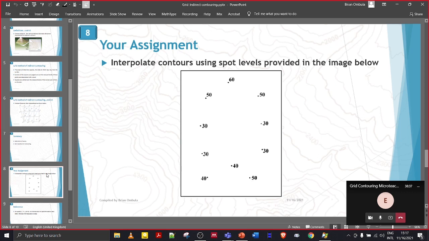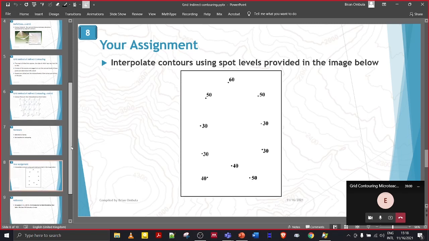You can join 30 and 30. For spot levels 60 and 50, you can interpolate a contour between 60 and 50. I want you to submit the assignment by the next session. I'll be sending an additional video for further reference before we go to the field, okay?